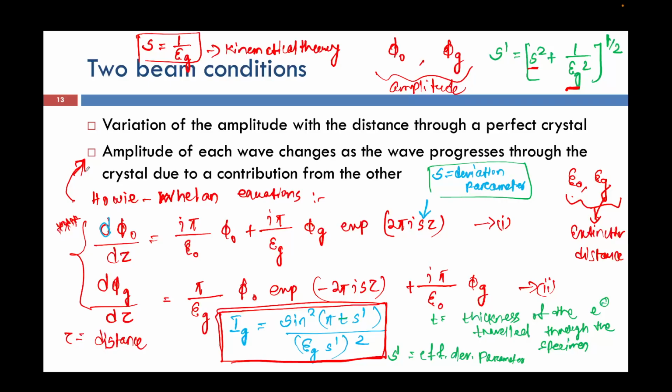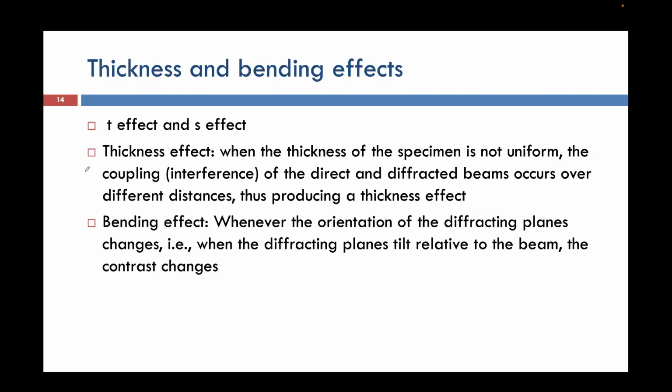We have first discussed the dynamical diffraction contrast. Now we will consider that the diffraction is happening only once, and from dynamical diffraction contrast we will come to the thickness and bending effect, which relates to the kinematical diffraction contrast.